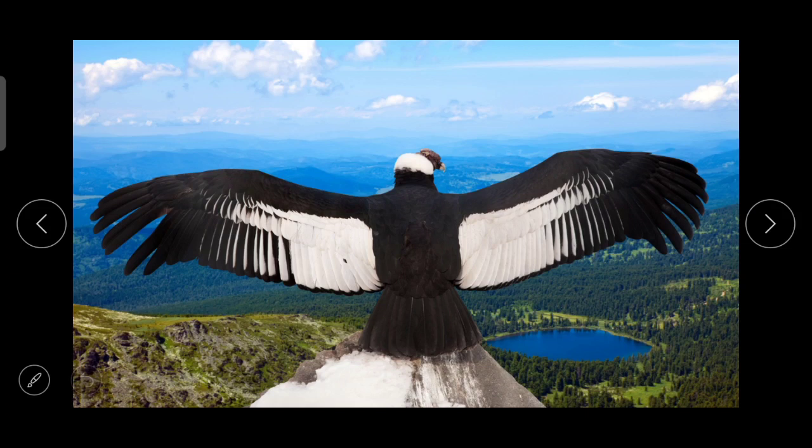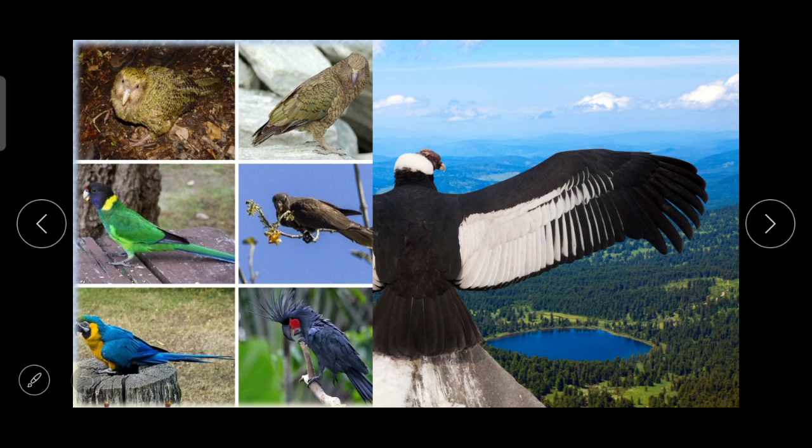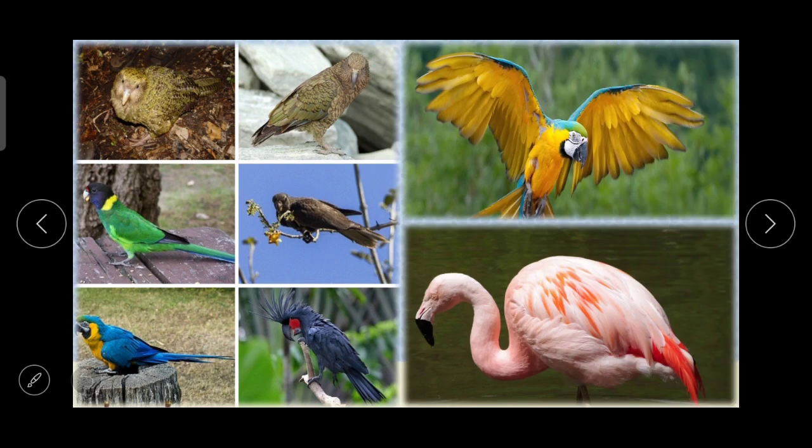Now, condors, which are huge in size, on the screen you can see the size, fly high in the sky. Then various types of parrots, macaws and flamingos are the major birds found here.